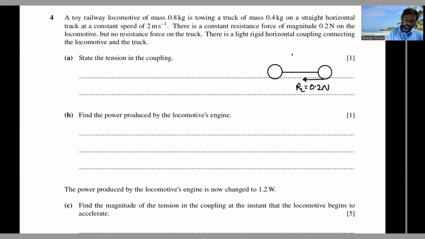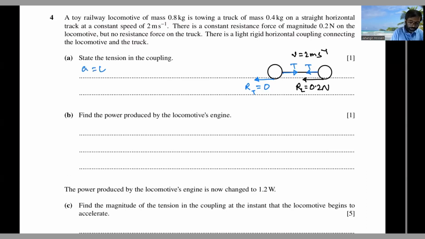They're moving with speed v equal to 2 meters per second, and resistance on the truck is 0, and there is tension from the coupling.